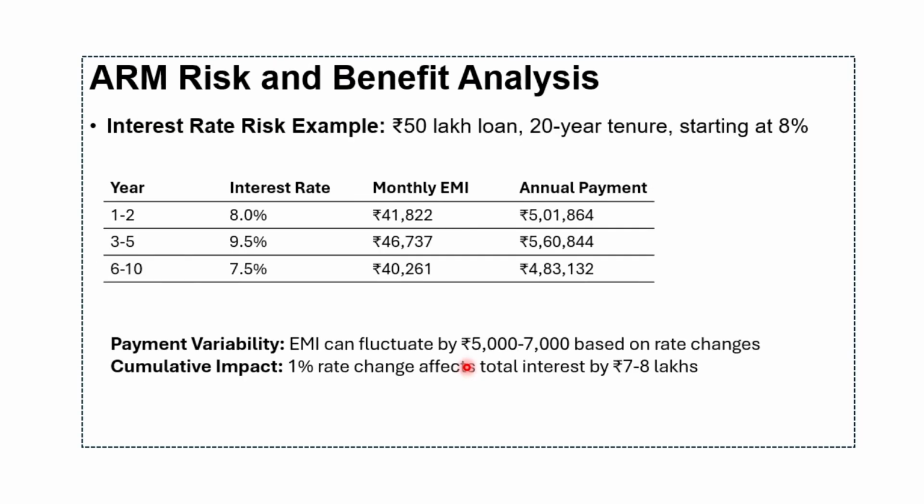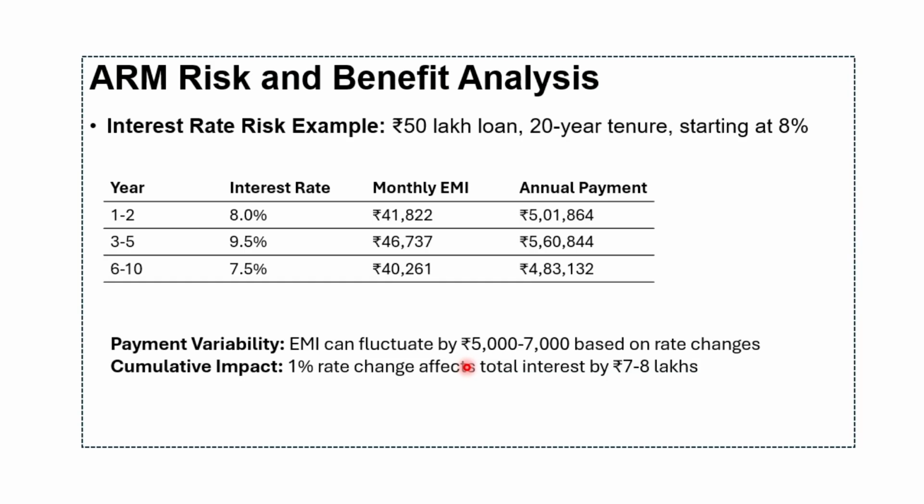Then we have ARM risk and benefit analysis. So this example illustrates ARM payment variability using a 50 lakh loan over 20 years. Starting at 8%, the initial EMI is 41,822, requiring an annual payment of around 5 lakhs.